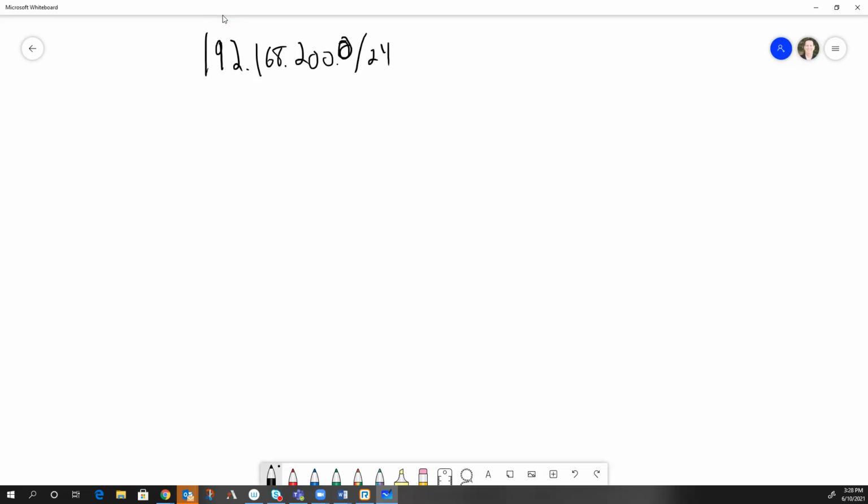I want to subnet it so that I have at least 5 subnets. There's a bunch of ways you can do this. Obviously, you can use my 7 holy steps of subnetting, or you can just use the shortened method and say, how many bits would I have to borrow to get at least 5 subnets?